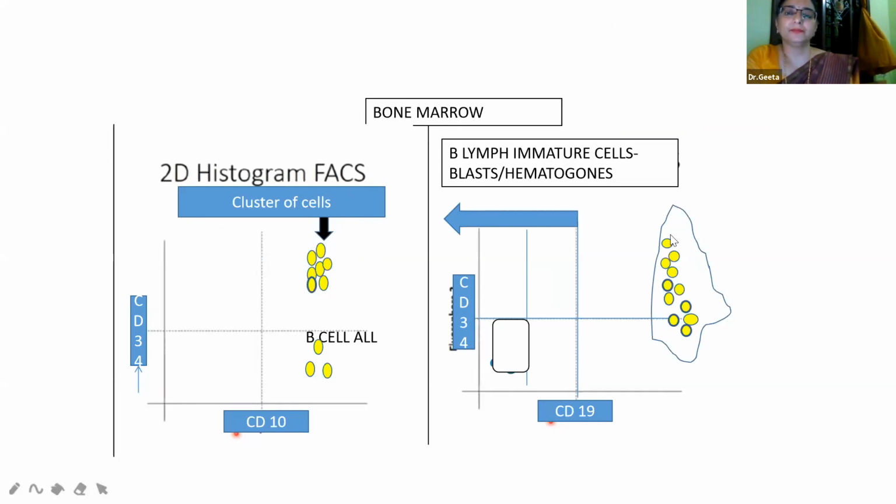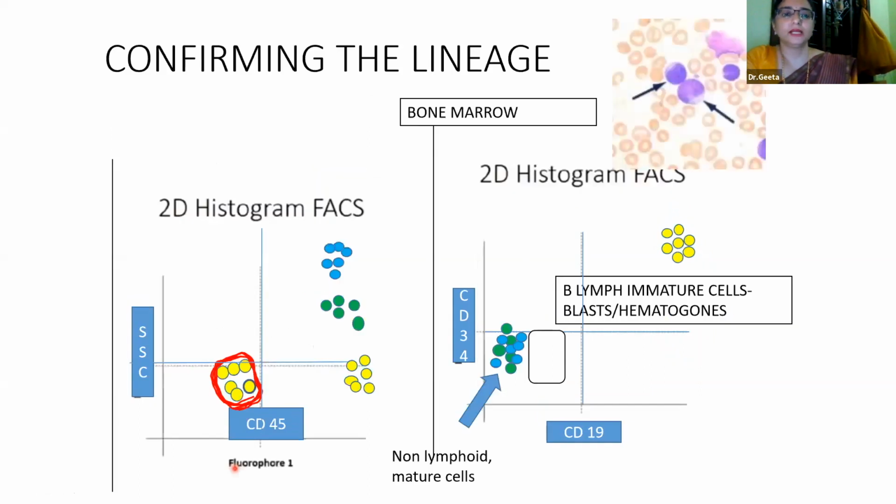Whereas a developing progenitor will have variable intensity. That means at different stages of maturation, it loses some of the antigens and gains some other antigens. It would ultimately gain all the mature cell antigens, but in the interim period, they may look like a blast. So this is also similar in the same way.